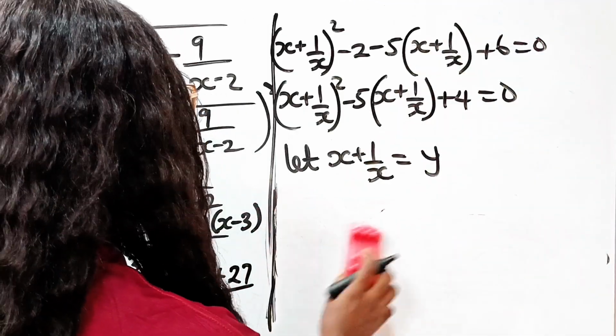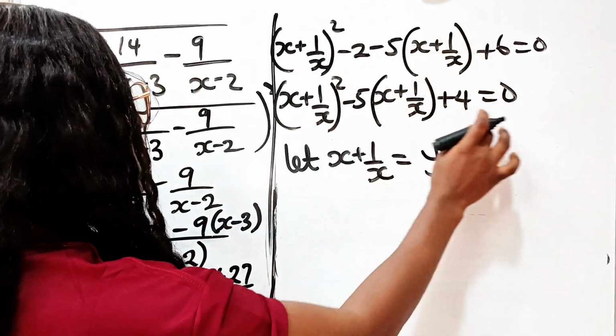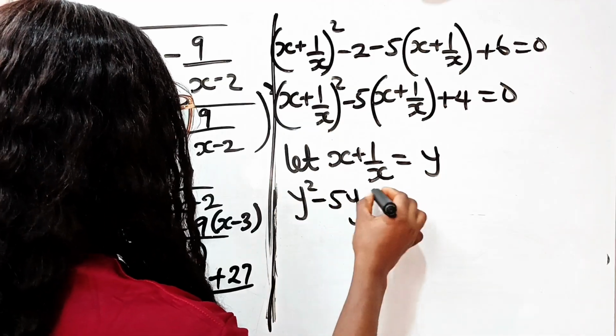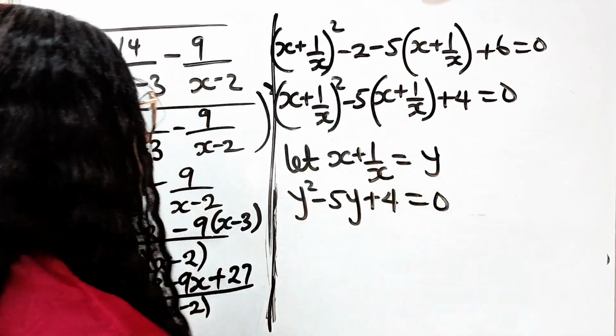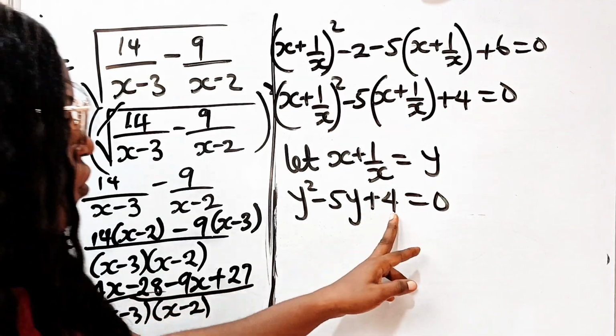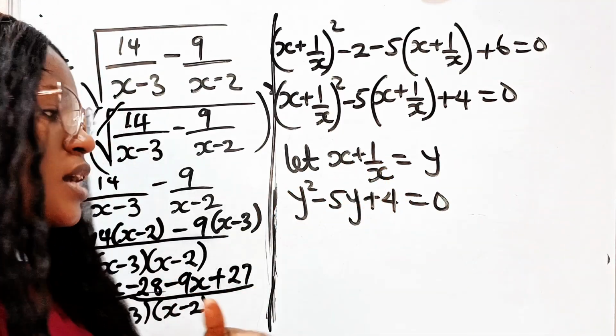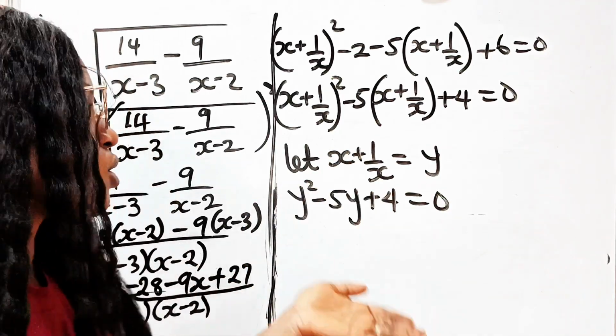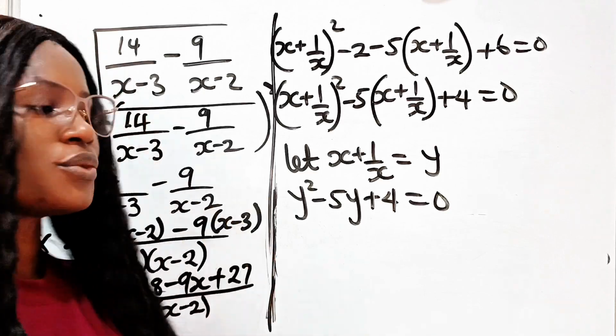So if we say that, this equation becomes y² − 5y + 4 = 0. Now we need two factors of 4 that when you add them together you get −5, and those two factors are −4 and −1.